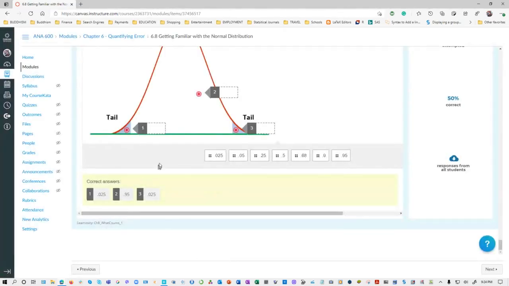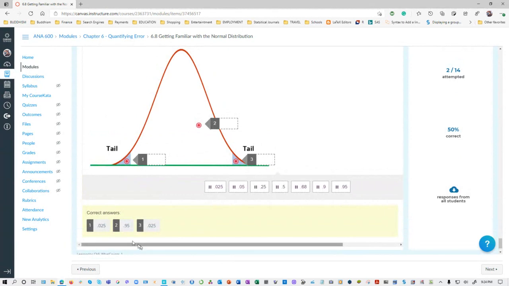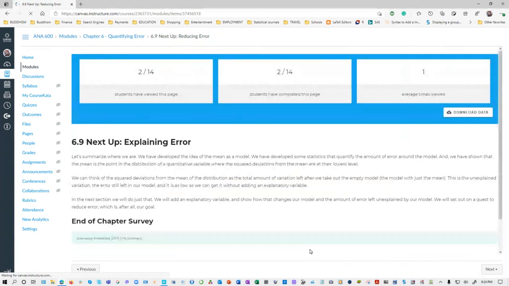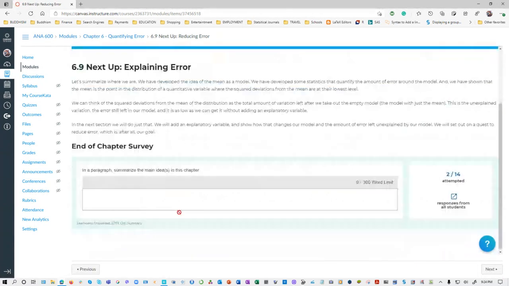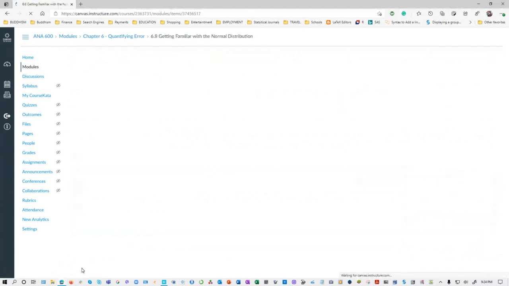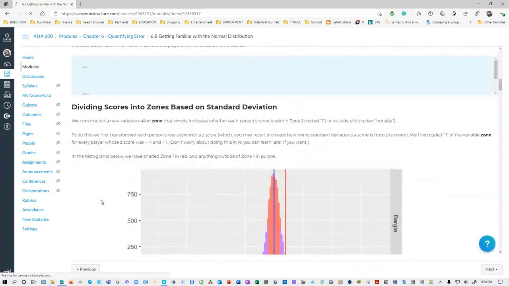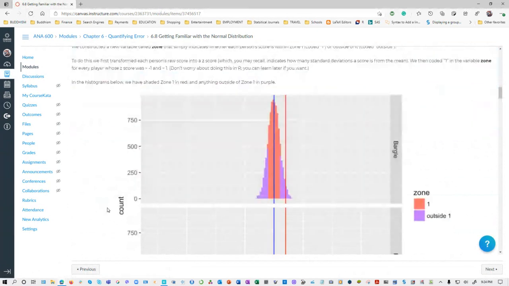If 95% is in the middle, then 0.025 on each side goes to the tails. That's the end of the chapter. You can think about how we developed this.